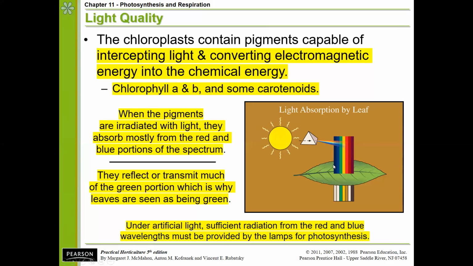These pigments in the leaves absorb the red and blue spectrums mostly. That includes part of the yellow too. And then they reflect much of the green portion, which is why we see leaves as being green. They're reflecting that green wavelength.